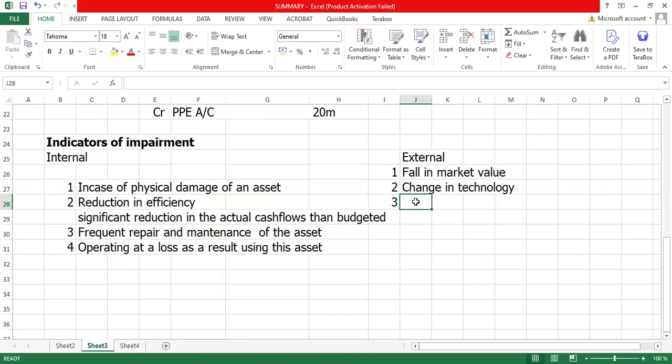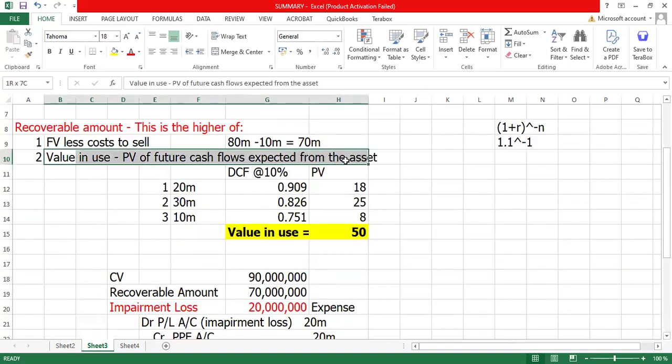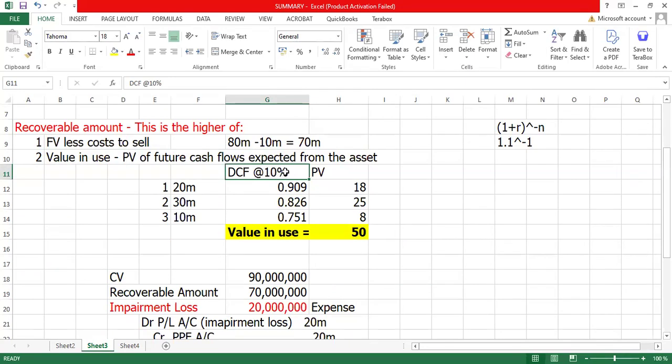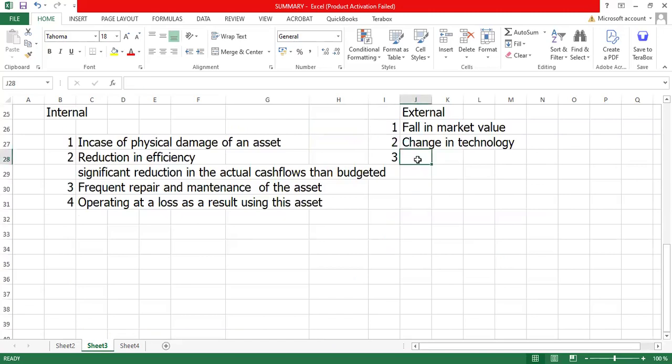Then what else? If you remember, as we determine the value in use, we normally use the cost of capital or the rate. So if you realize that this rate has increased, it can also be an indicator.